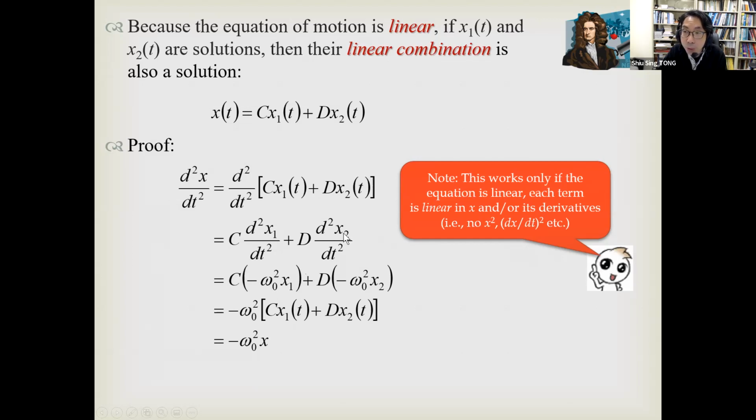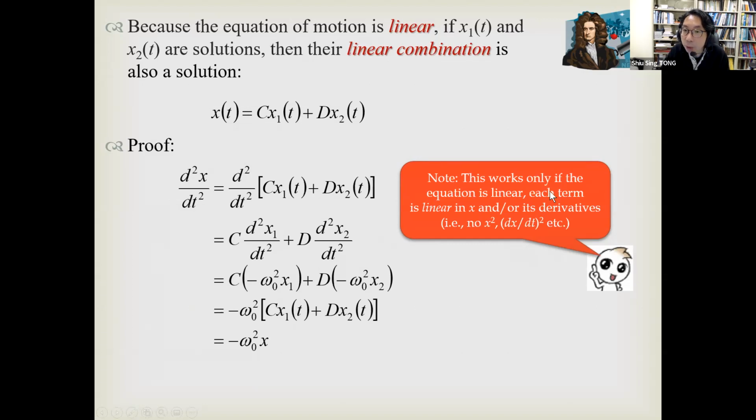Similarly, x2 is also a solution, so its second derivative gives minus omega naught squared x2. After extracting a factor of minus omega naught squared, we have c x1 plus d x2 inside the bracket, but that's exactly x. Comparing the left-hand side and the right-hand side with the original equation, you'll find that x exactly satisfies the equation. So we have the general solution now: c x1 plus d x2.